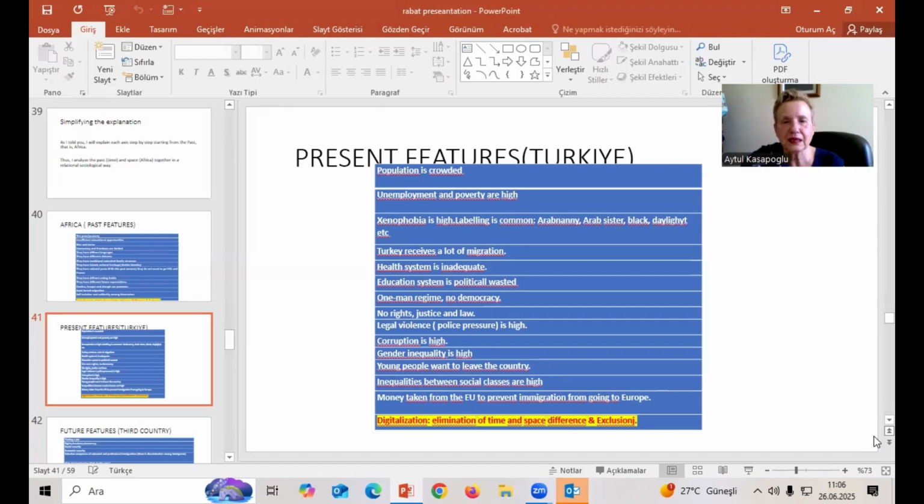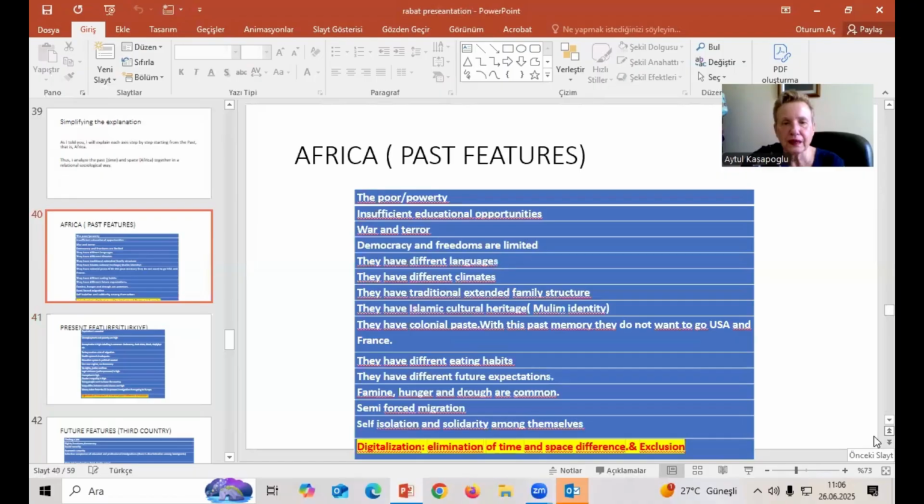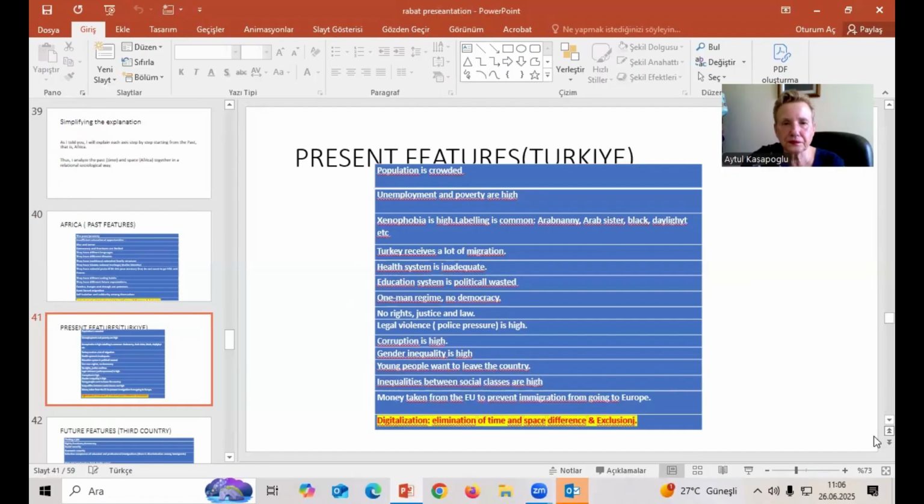Unfortunately, no democracy, no rights, justice, and law. Legal violence, I mean police pressure, is high, corruption is high, gender inequality is high, and young people want to leave the country. Inequalities between social classes are high, and money is taken from the European Union for an immigration forum going to Europe. Unfortunately, this is the reality.